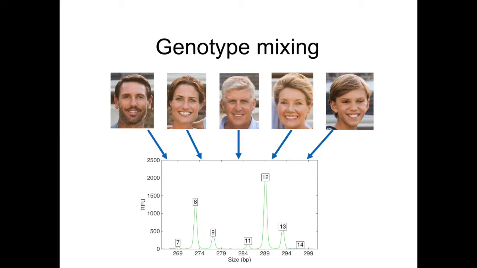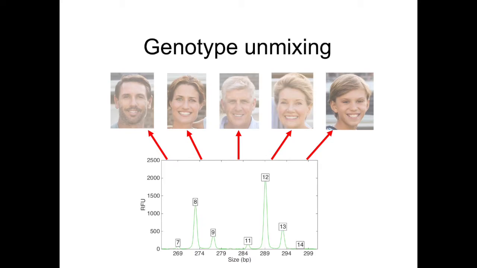Their genotypes are combined, and then when the laboratory does PCR amplification and size separates the data with fluorescent detection, we obtain phenotypic data of the short tandem repeats, or STRs, at each tested location. As we see in this STR electropherogram, there are fewer peaks than you might expect from 5 unrelated people because of sharing of alleles. The genotype unmixing problem is the inverse problem.